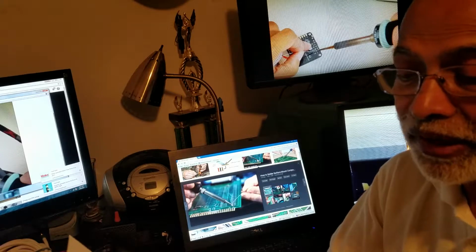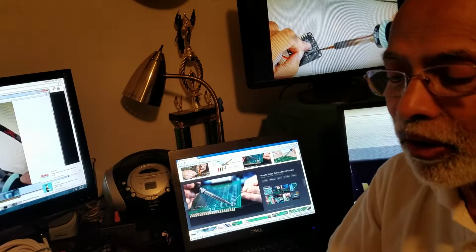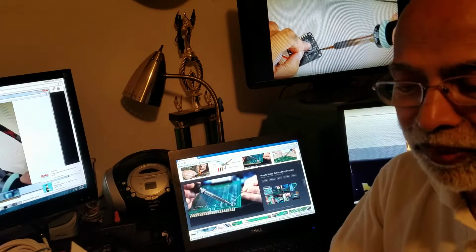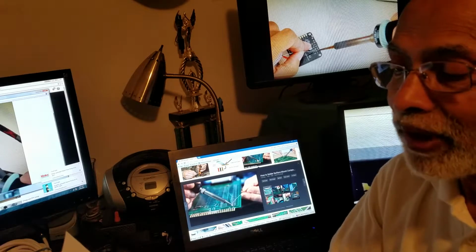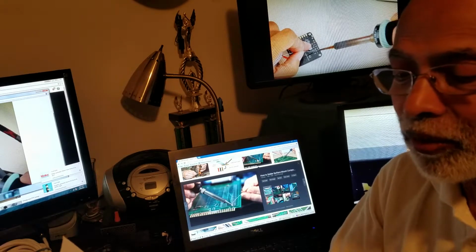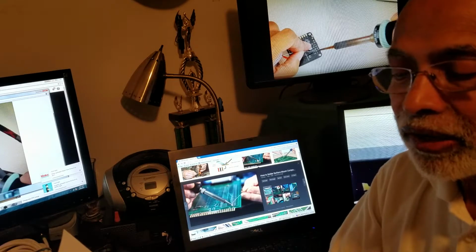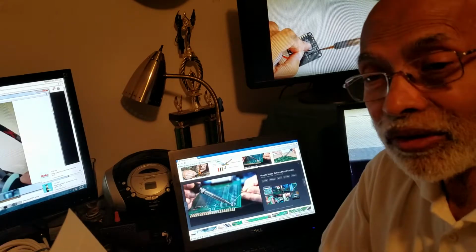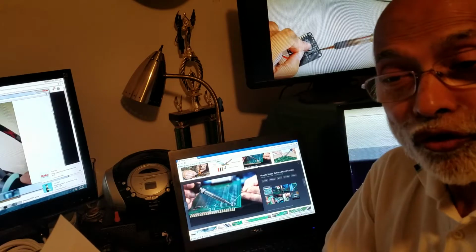And then the ESCs: only get Simon K or BL Heli ESCs. That means electronic speed controls. In fact, speaking of which, we were talking about one electronic speed control per motor. Now the latest is you have a 4-in-1.